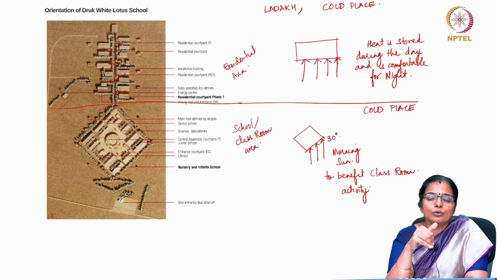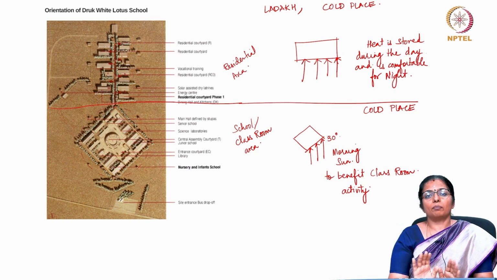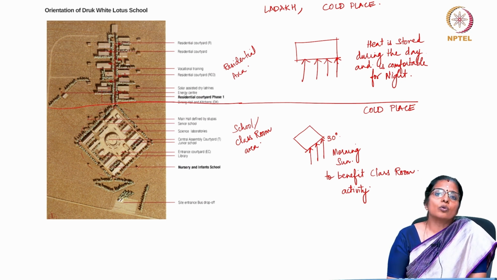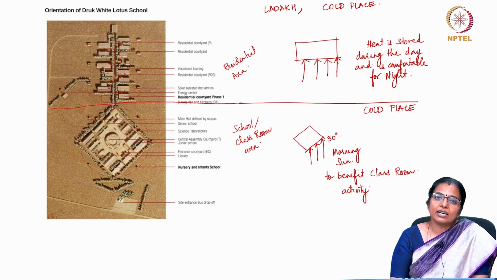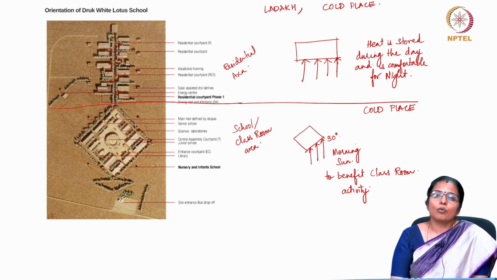If you see the Druk school at Ladakh, they have the classrooms where the morning sun enters and makes the place comfortable, and during evenings in the residential area, it is oriented in such a way that direct solar radiation falls on the walls, absorbs the heat and keeps the room warm for the night.